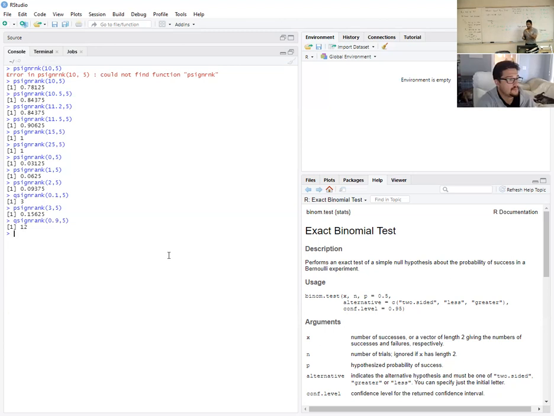Now, using the same logic as n times n plus 1 over 2 minus T minus, you can switch this around, right? If you calculate 15, the maximum rank that you get, minus 12 is 3. So if you find one of them, you can find the other.